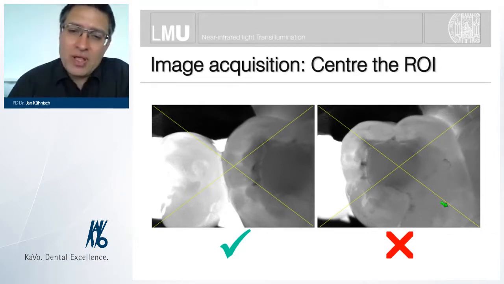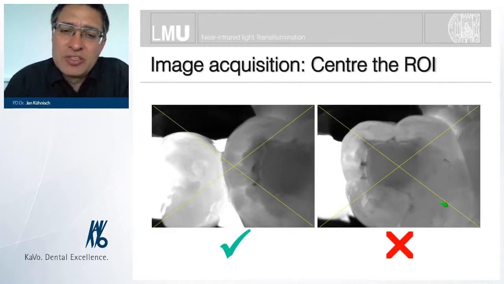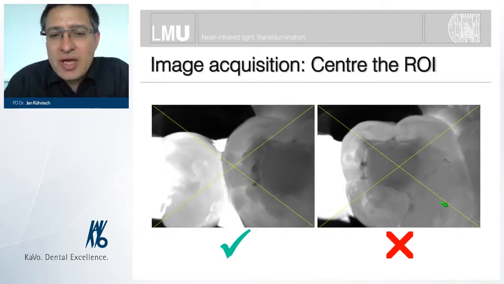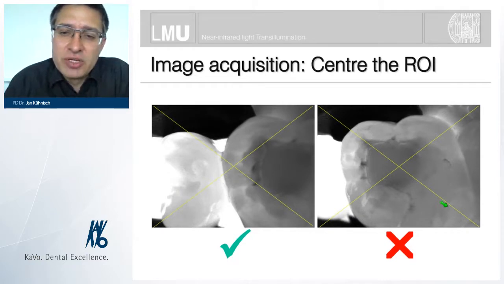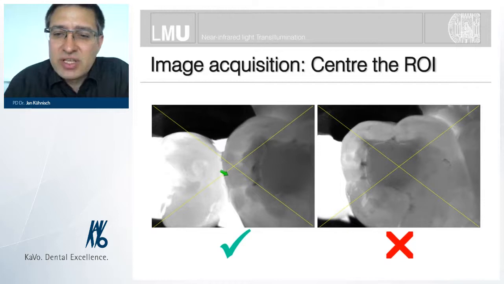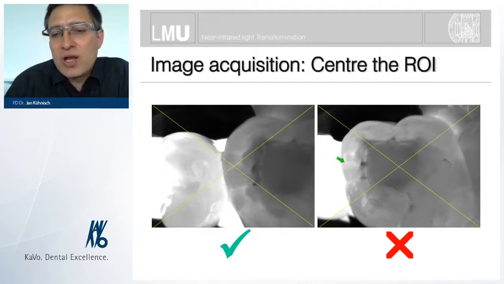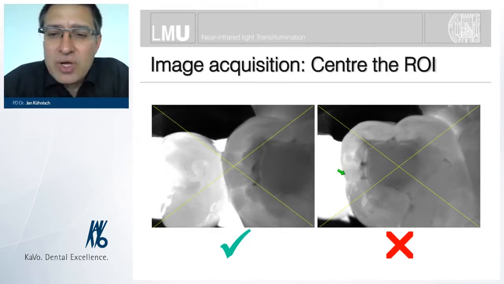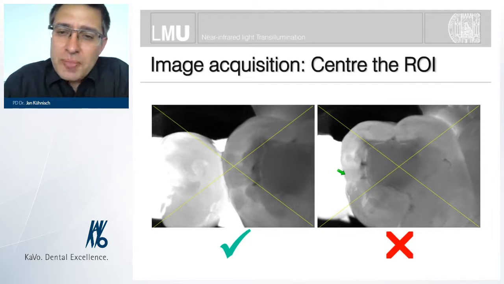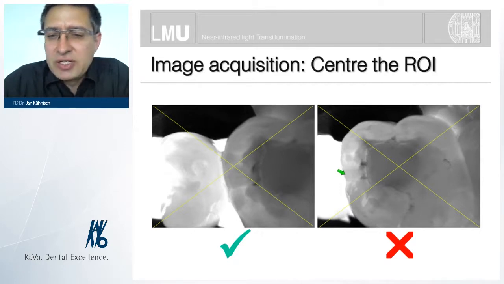First of all, we have to play a little bit with the region of interest, and you see this here. If we have the region of interest in the middle of the image, then we can see this demineralization here. And if this image is going out of the center, out of the middle of this image, we are losing the presence of the caries lesion so far.